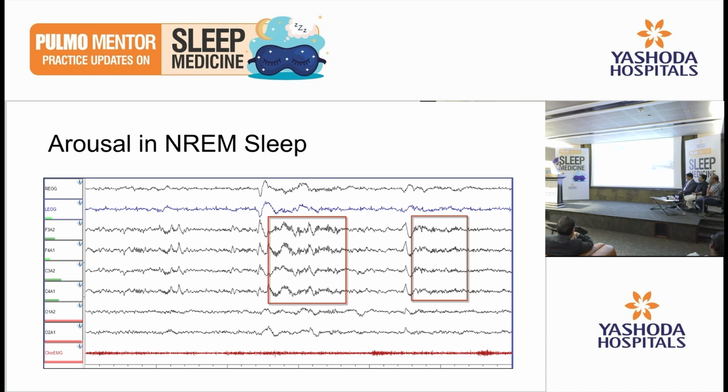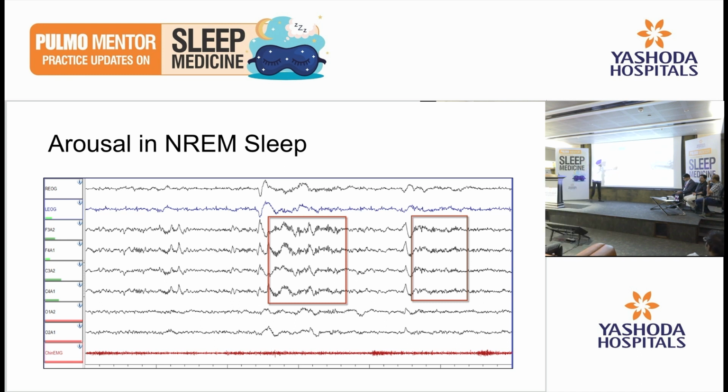Now, in non-REM sleep, when you are scoring an arousal, arousal is a sudden change in EEG frequency lasting for 3 seconds. Frequency change should happen in the range of alpha or more than 16 hertz, and it should be preceded by 10 seconds of stable sleep. What I mean by that, if you see in this epoch, I have got slow mixed frequency activity in this portion, then suddenly the frequency has increased here in the range of more than 16 hertz.